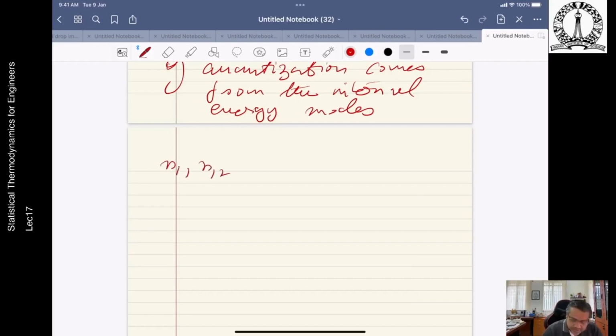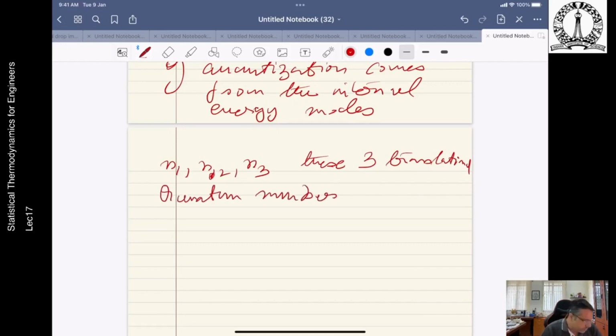The last point is that these three translational quantum numbers range from unity to infinity.